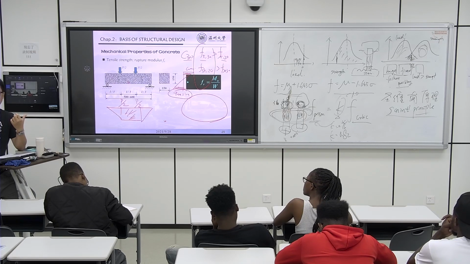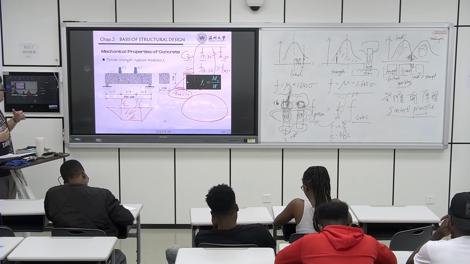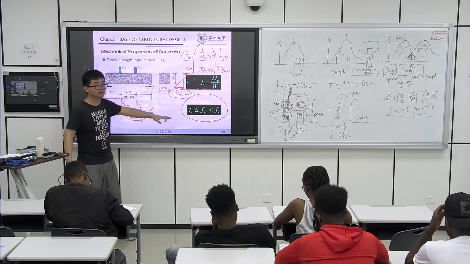For this test, we apply force to the cube, like scissors, and we get the tensile stress, FST. And the third, we use the beam. We compare the beam specimen and do the test to get the rupture modulus, and these three tension strengths have their own relations.